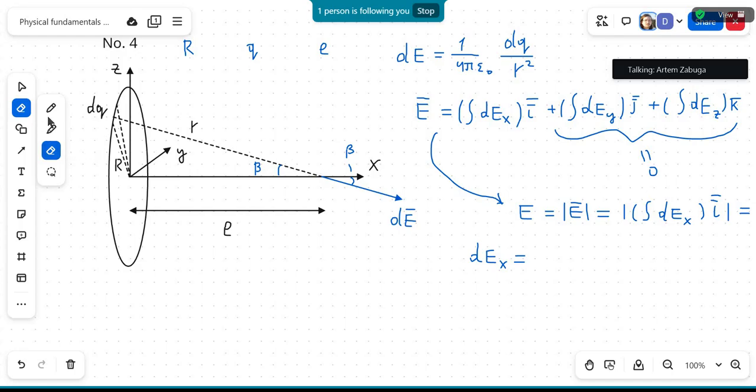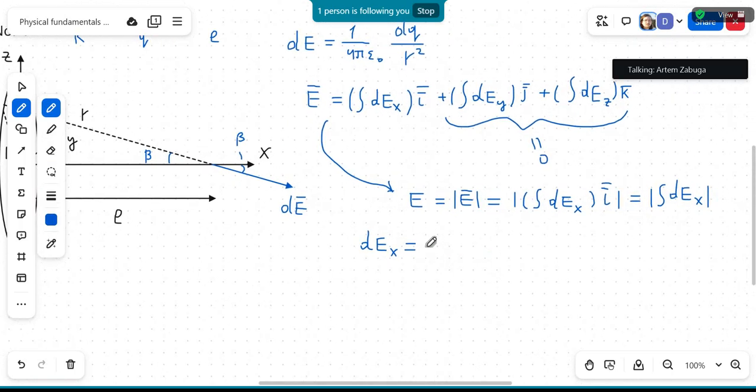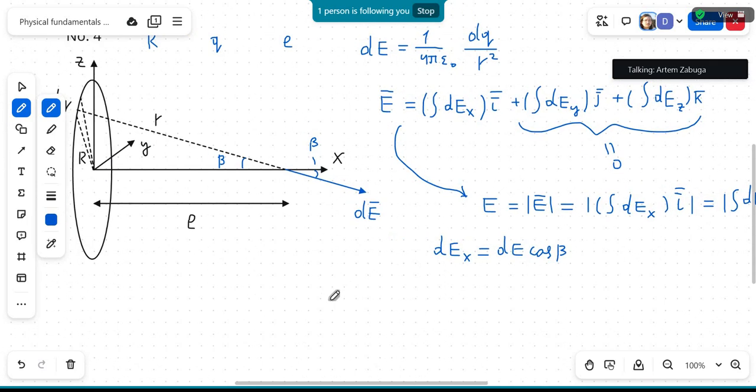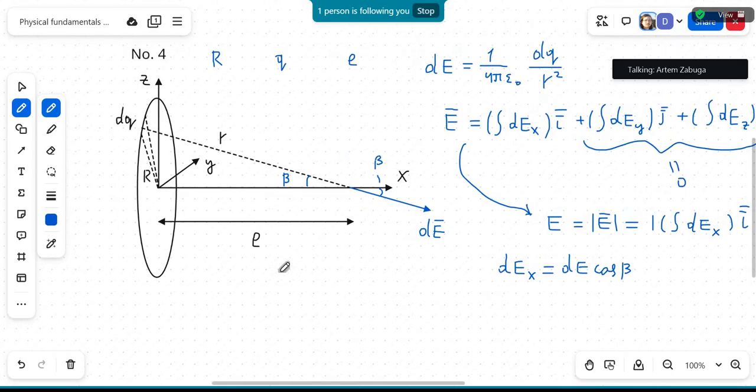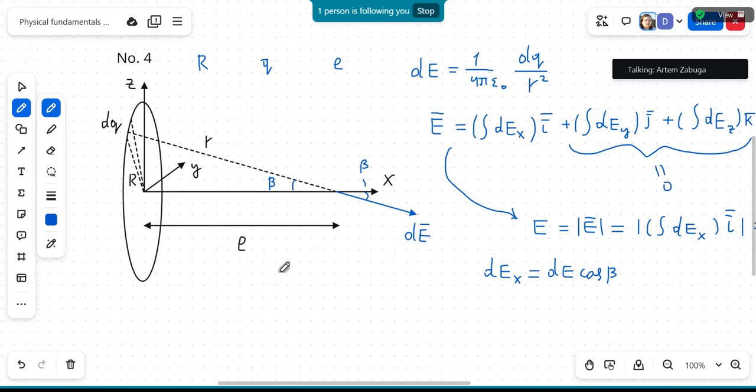And according to the picture, we can see that projection dEx is equal to dE multiplied by cosine beta, and the next step is to define cosine beta from the picture. How do you think? How can we define cosine beta from this picture?